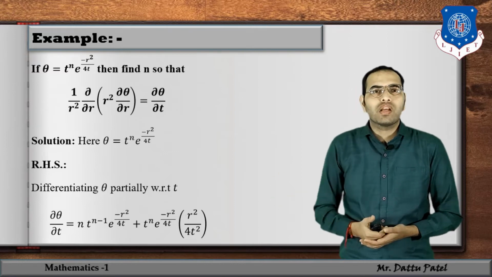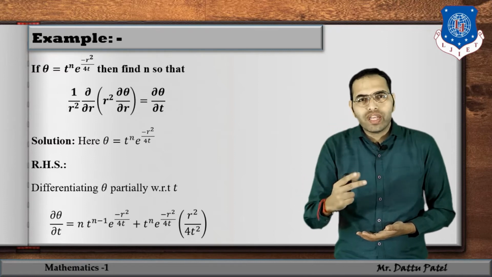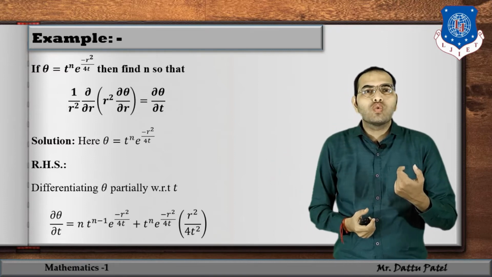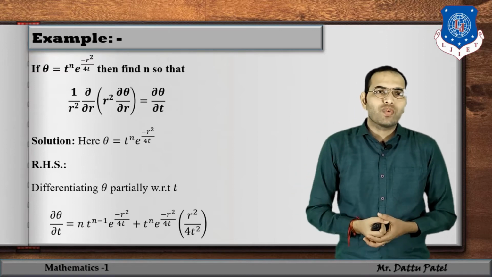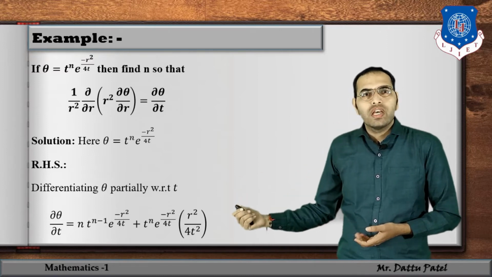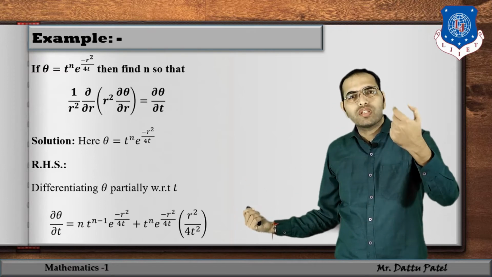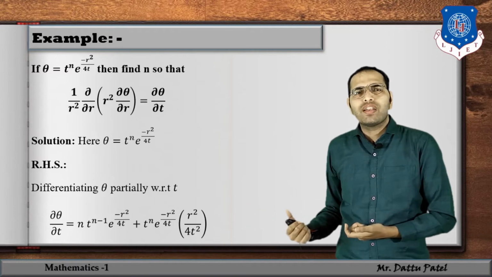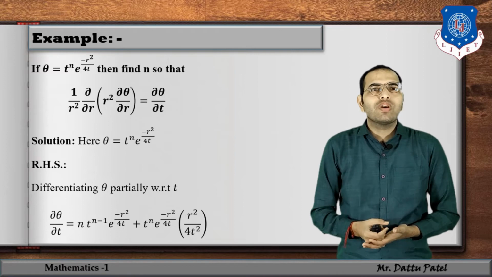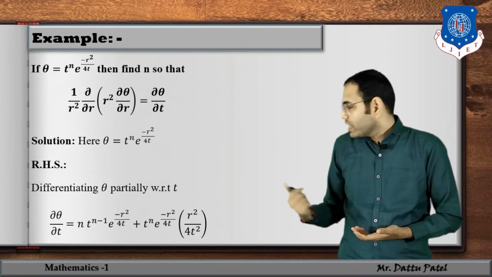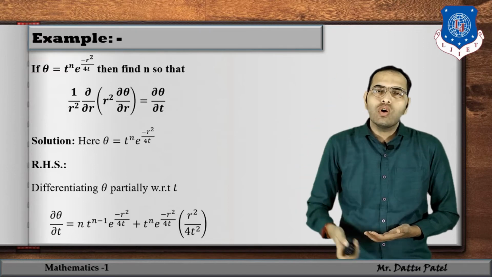Our equation becomes n t raised to n minus 1 e raised to minus r square by 4t plus t raised to n into e raised to minus r square by 4t into r square by 4t square. Now simplifying this equation, in the second term the denominator has t square and the numerator has t raised to n, so simplifying t, it becomes n t raised to n minus 1 e raised to minus r square by 4t plus t raised to n minus 2 into e raised to minus r square by 4t into r square by 4.